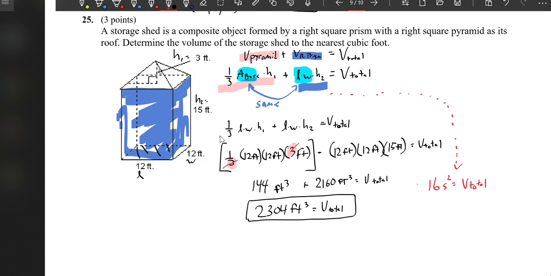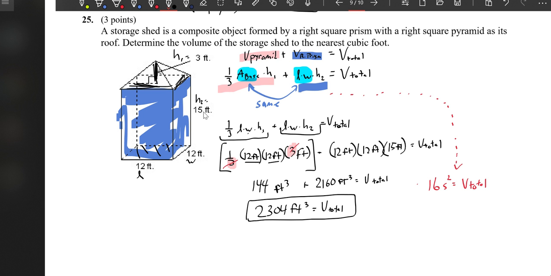So now I've got my volume for my pyramid and my volume for my prism. I've written them out as being length times width times height in both cases because it doesn't matter. I just thought that was nice. So for the pyramid, I've got 1/3 times 12 by 12 by 3, which is the height. And 1/3 just comes from the formula.